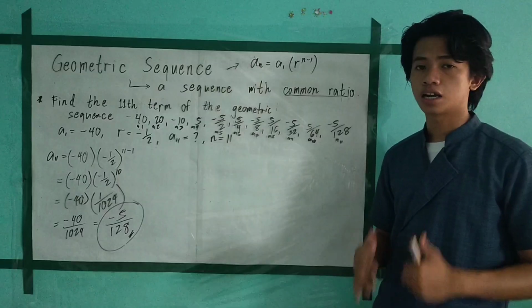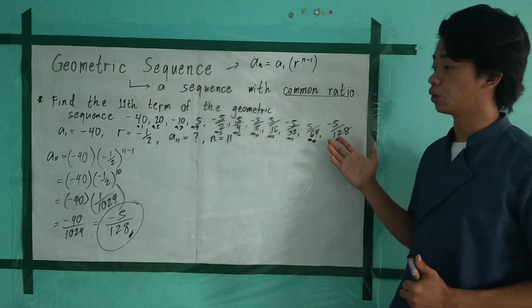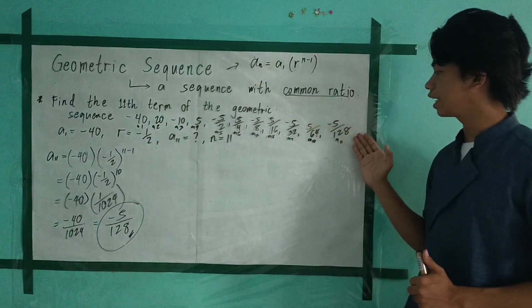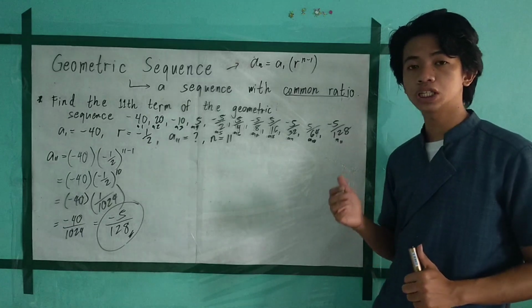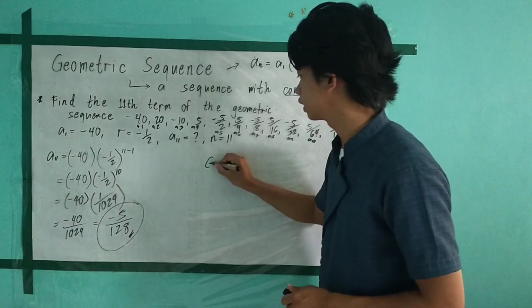Okay, so let's consider this given geometric sequence. The terms between negative 40 and negative 5 over 128 are the geometric means.